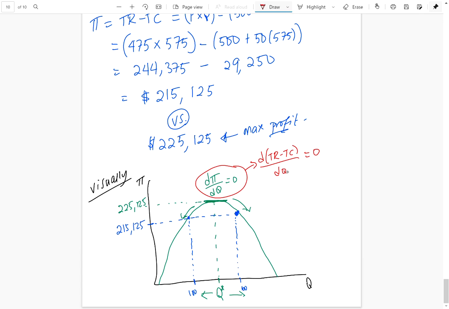So if we apply these terms directly, the derivative of total revenue with respect to Q minus the derivative of total cost with respect to Q need to be 0. The derivative of total revenue with respect to Q is marginal revenue, minus the derivative of total cost with respect to quantity, which is marginal cost. They need to be 0. So this is how we got this profit maximizing condition of MR equal to MC.